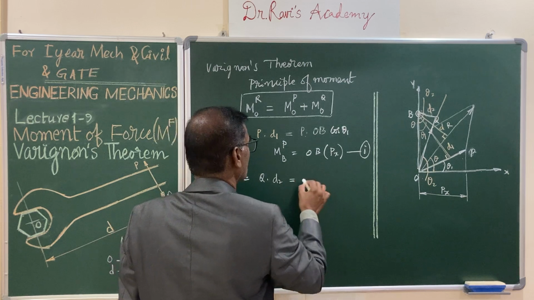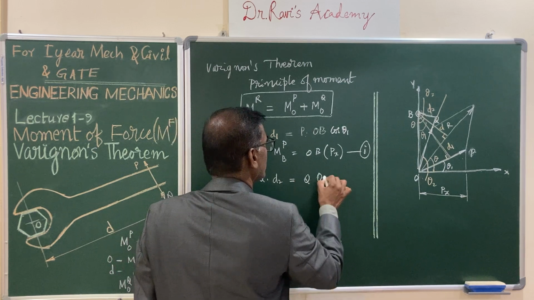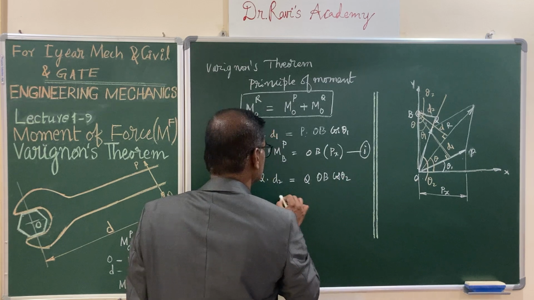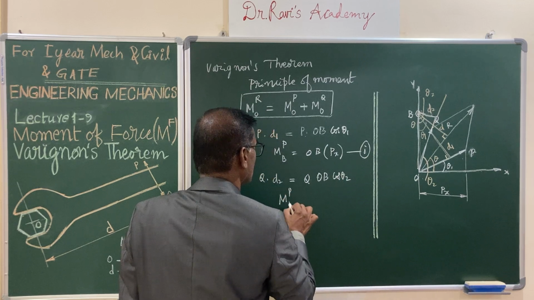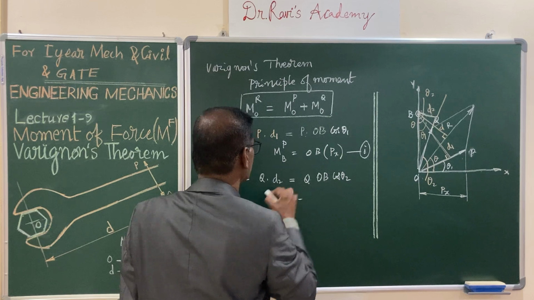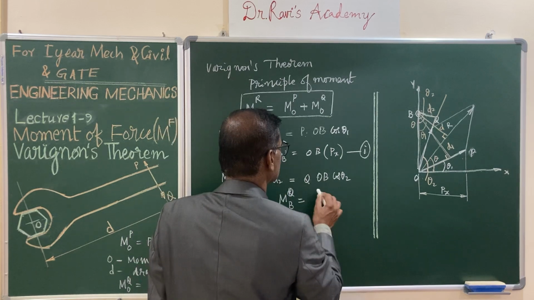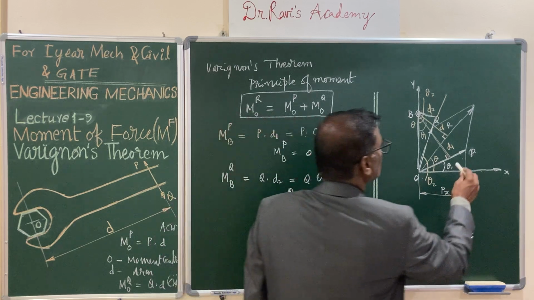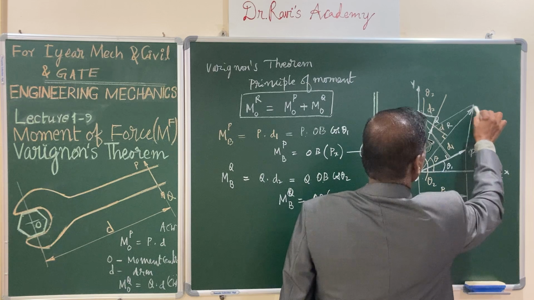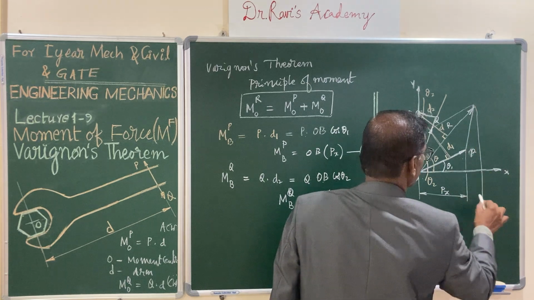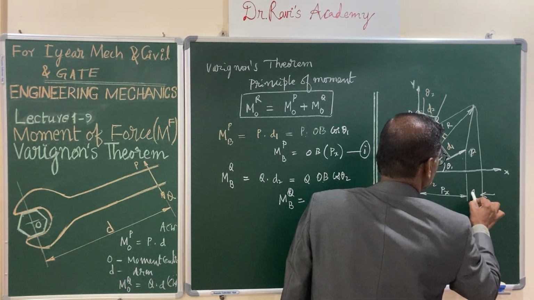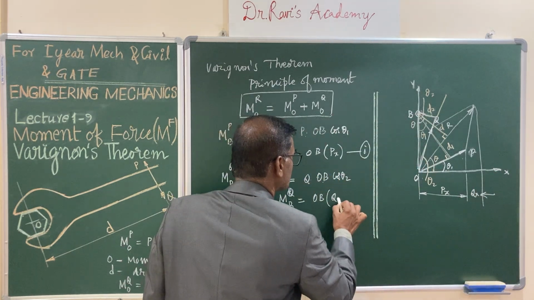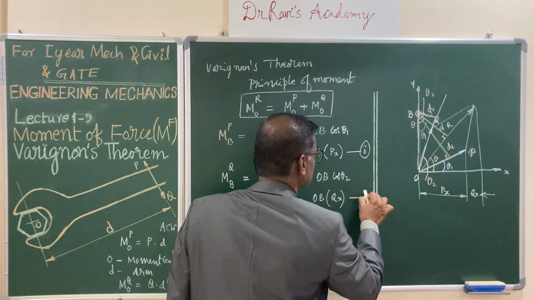So, you can write Q into OB cos theta 2, and in turn the moment of force Q about B is OB times Q cos theta 2. Here, Q cos theta 2 is Qx, you can write it as Qx, this is equation 2.